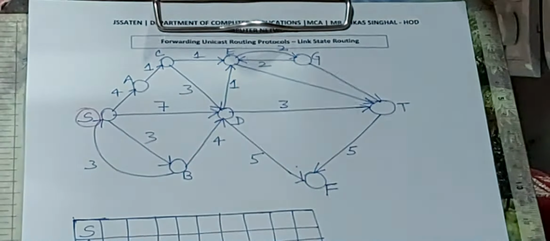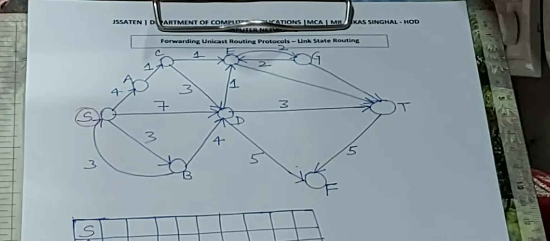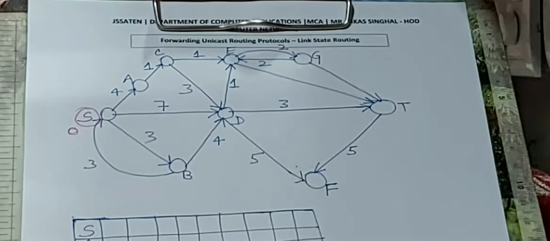Initially, the cost of the source node will be 0, because the distance to itself is 0, and the cost of all the other nodes we don't know, so that will be infinity.